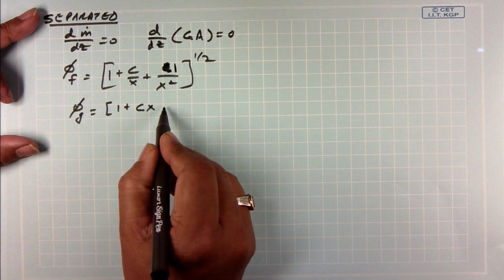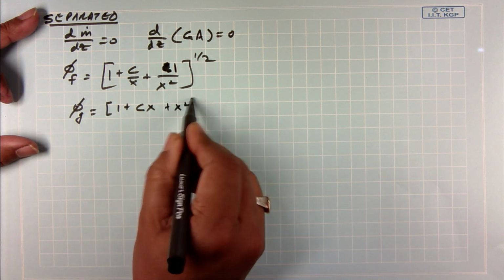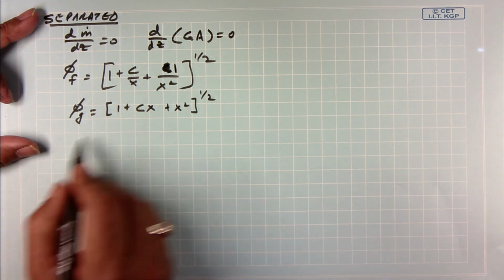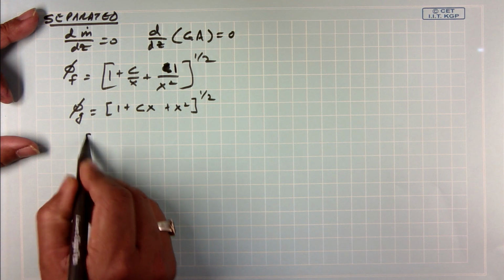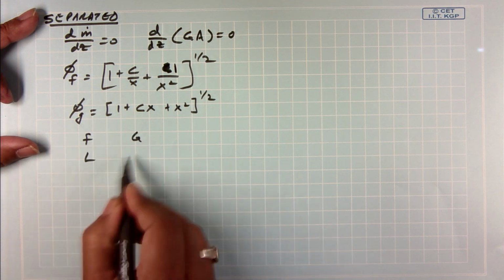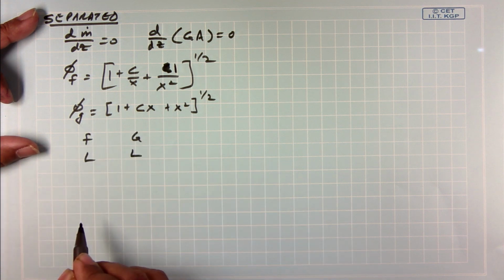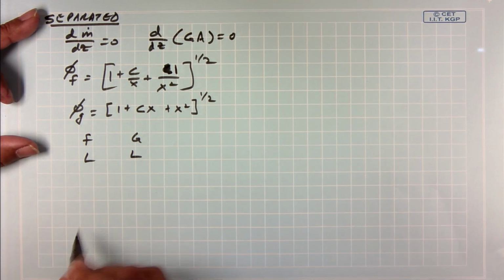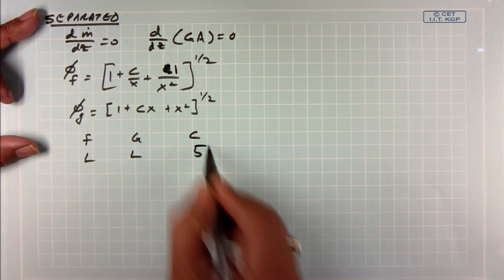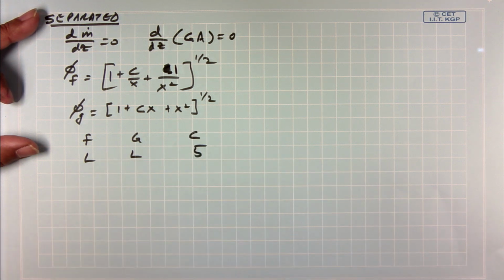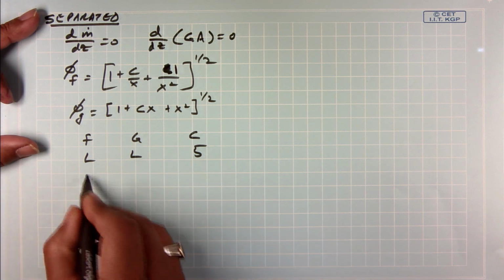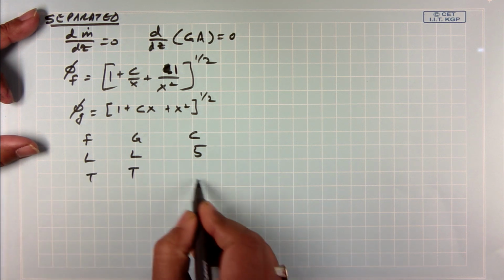And then your phi g becomes 1 plus C X plus X squared, to the power of half. The values of this C: when both liquid and gas are laminar, which Martinelli called viscous flow, the value of C is 5, and this is all based on experiments. And when both of them are turbulent, the value of C is 20.